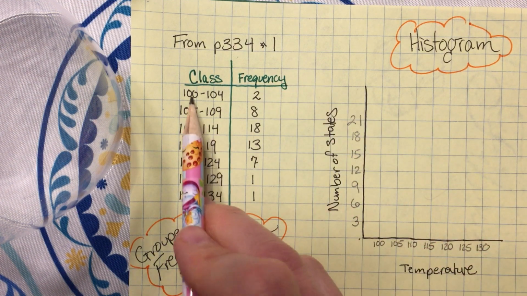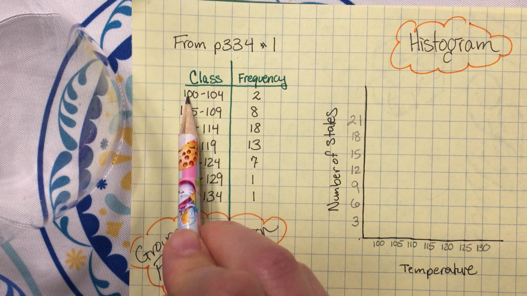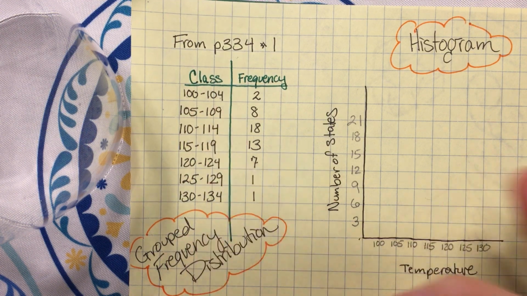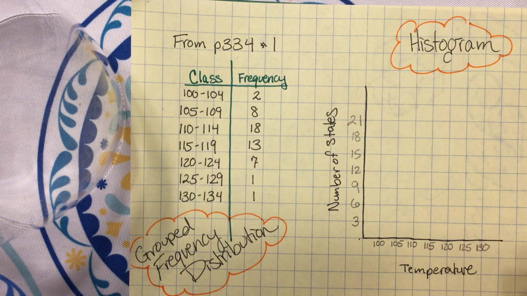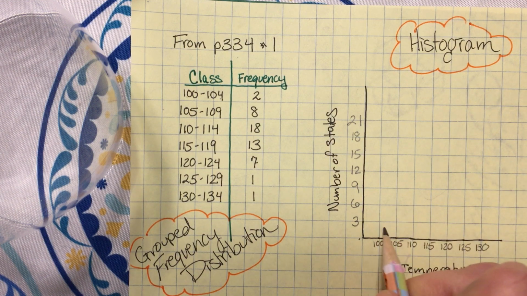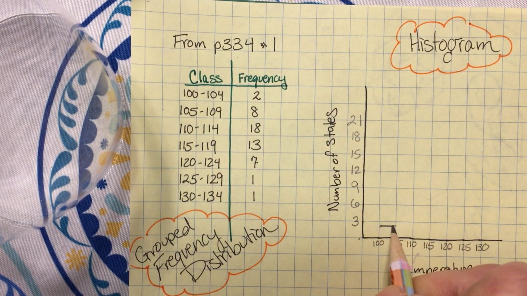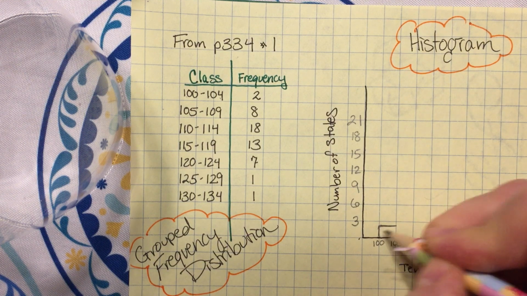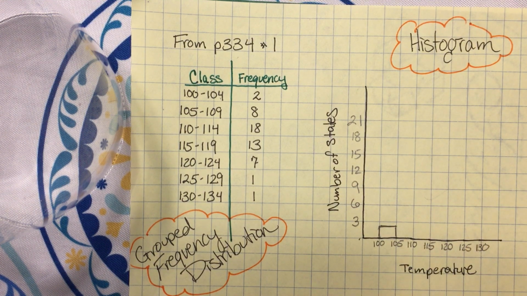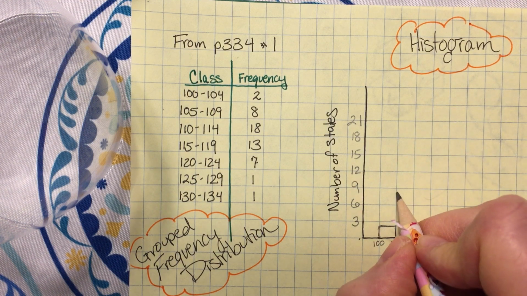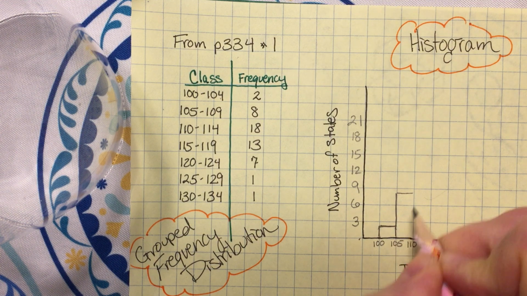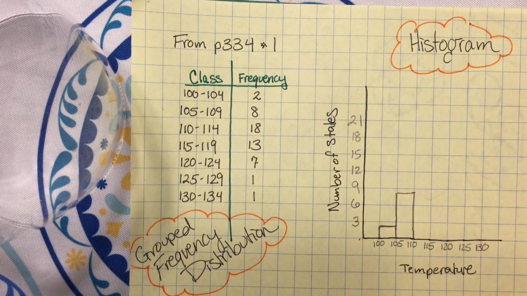So between 100 and 104, so up to 105, we've got 2. So it's a little bit low, 2/3 of the way up to 3. The next one goes up to 8. Now you'll notice that my bars are smack up against each other with a histogram.